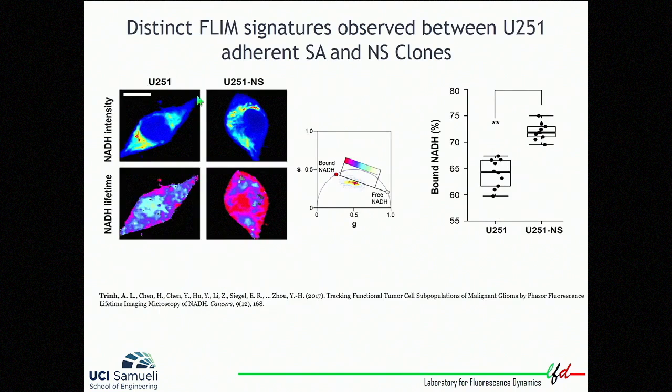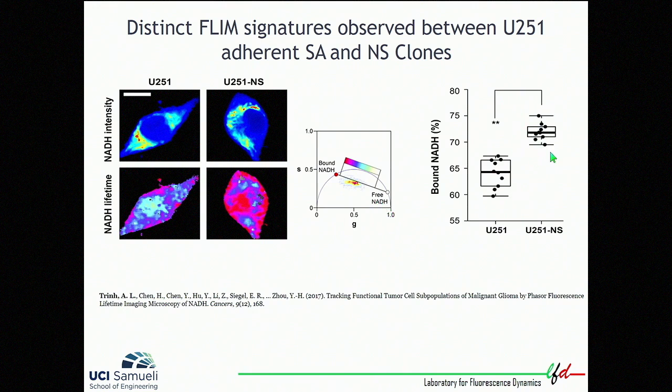Here we are showing the adherent tumor cell population, these are the tumor mass cells on this side. And here we have the neuronal spheroid population that's cultured in neuronal spheroids, and these are the stem cell initiating tumor cells. And what we see is that they have a very unique lifetime signature.